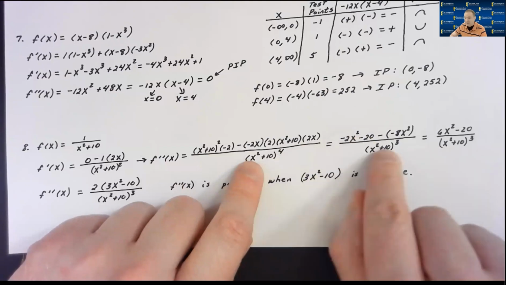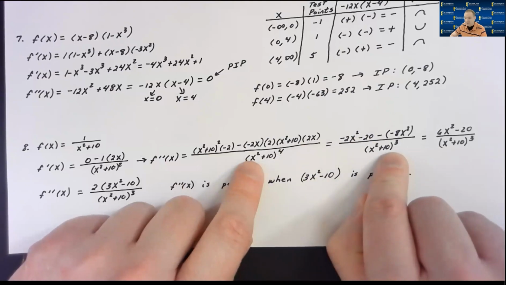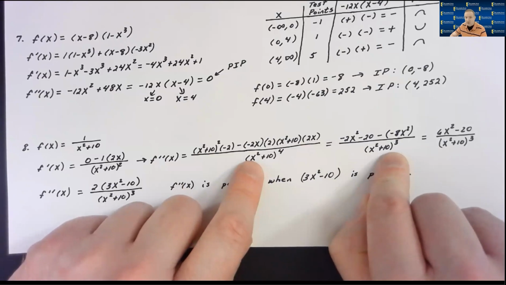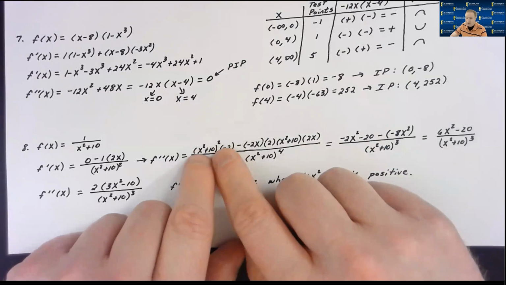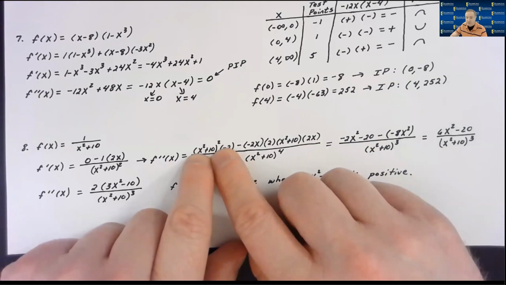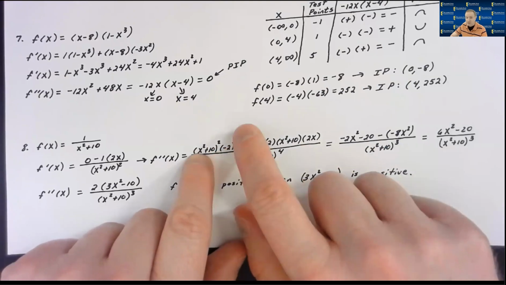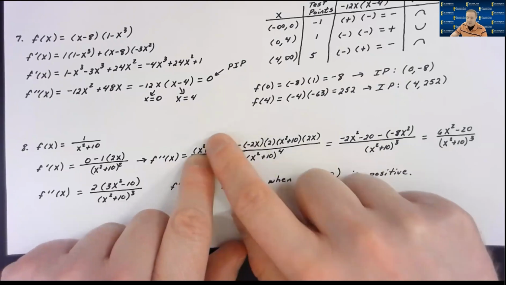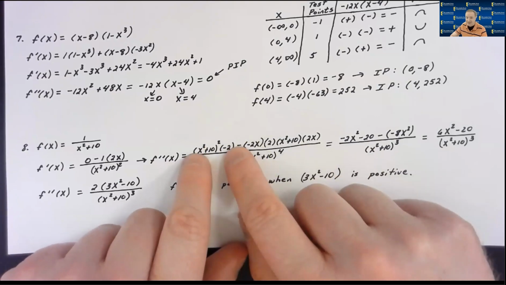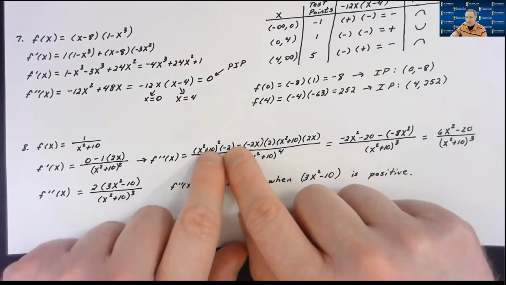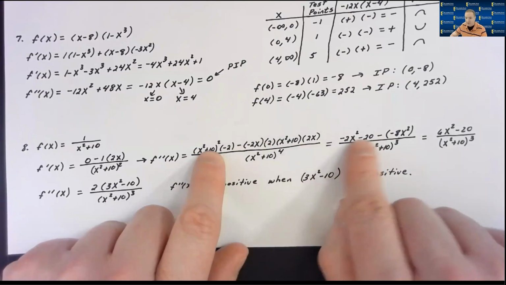That's why from this step to this step, you see x squared plus 10 to the third in the denominator. Now in the numerator, your first term, it's still going to have one factor of x squared plus 10, but that's easier to work with because you can then distribute the negative 2 through that group and you'll get negative 2x squared minus 20. That's where that came from.